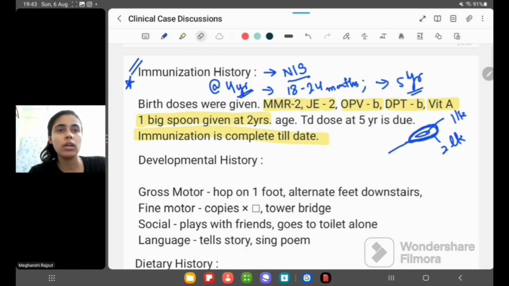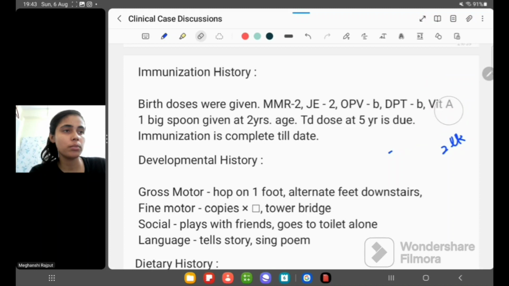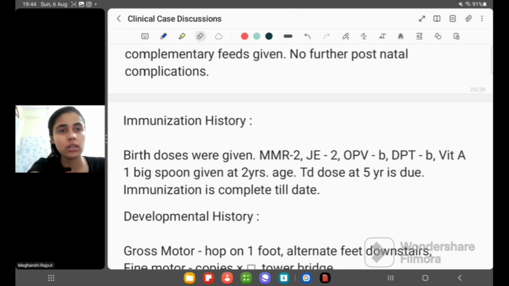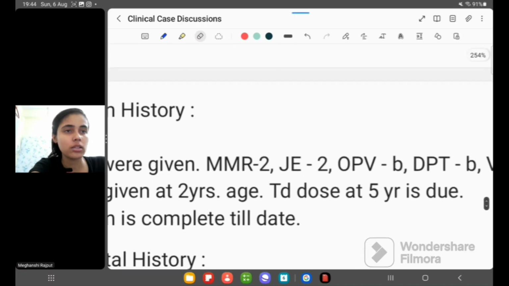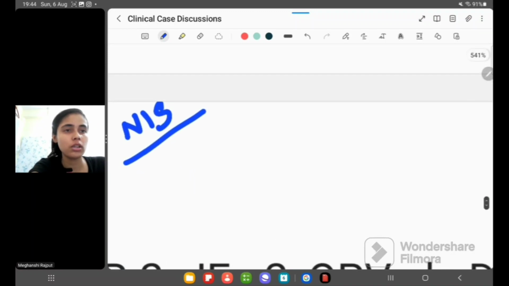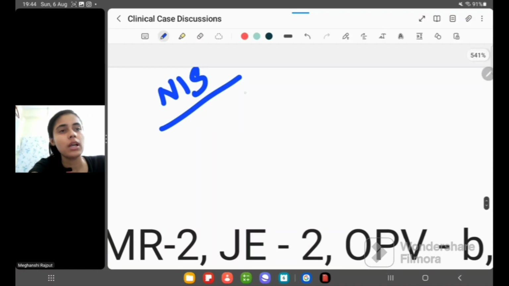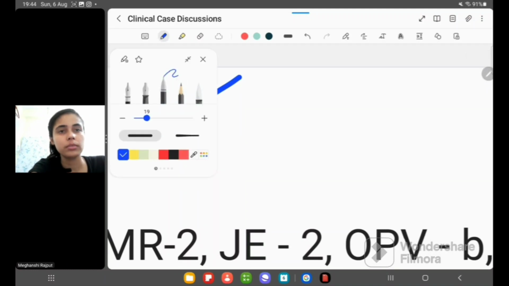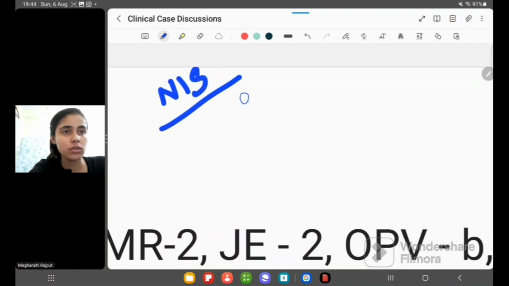Talking about the NIS here, as I said, these are the most important points which are relevant to a pediatric case. So here we will discuss the NIS schedule a little more in detail. In this national immunization schedule, we have a zero dose, and then doses at 6, 10, and 14 weeks.